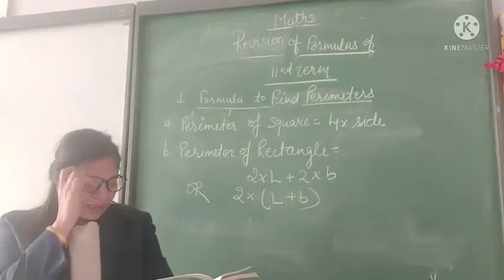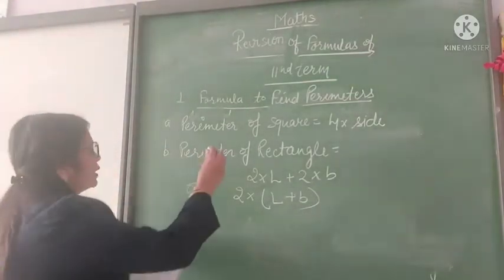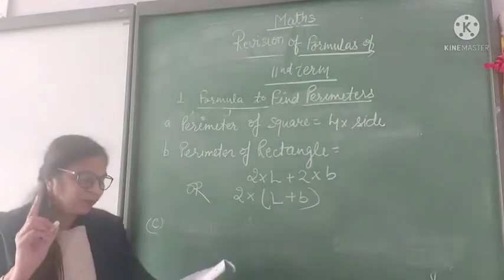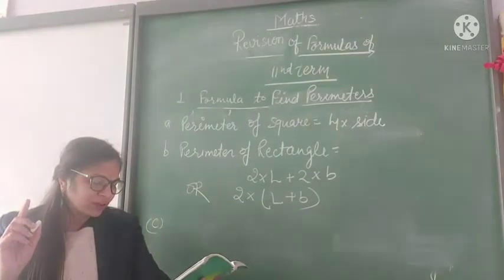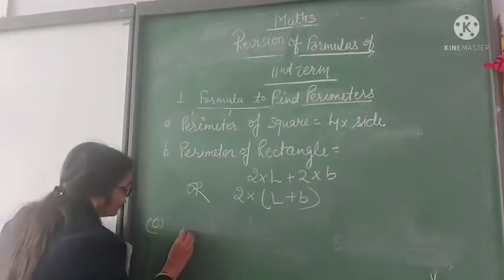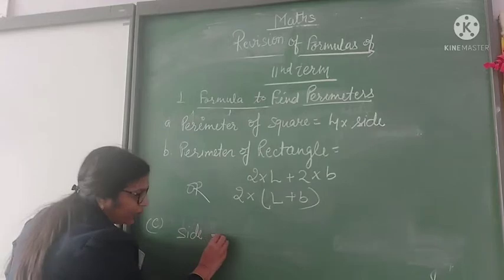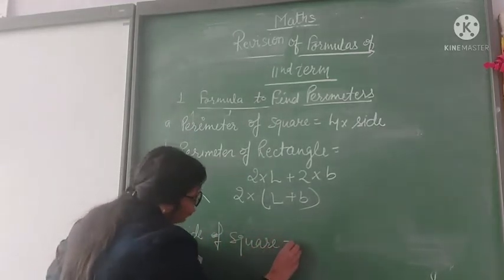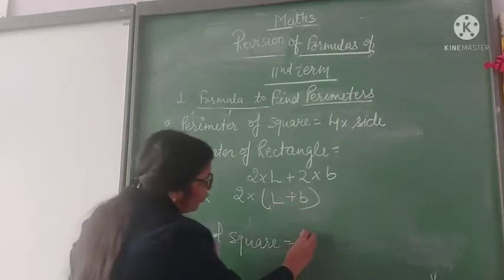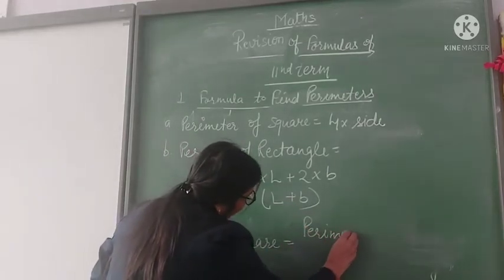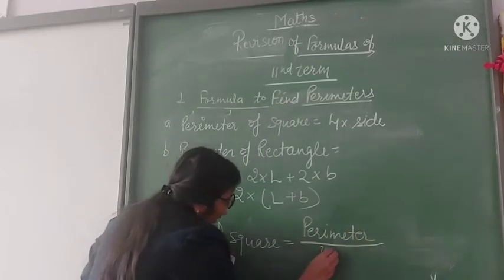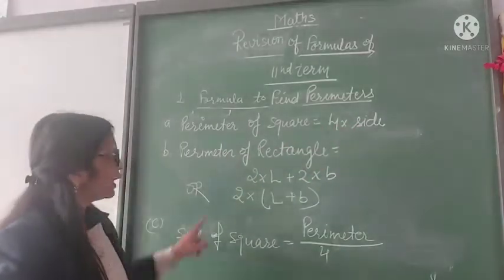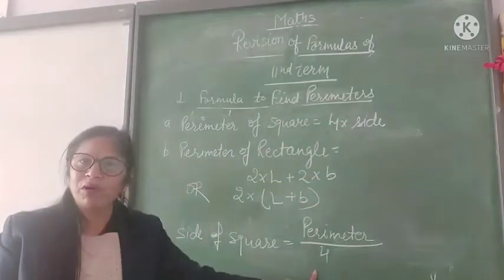Yes, children, in this perimeter of a square, the third formula came. If you have to find the side of a square, and perimeter has given to you, side of the square is equal to perimeter upon 4, because here it is 4 into side, so when we find the side, the 4 will go there, perimeter upon 4.